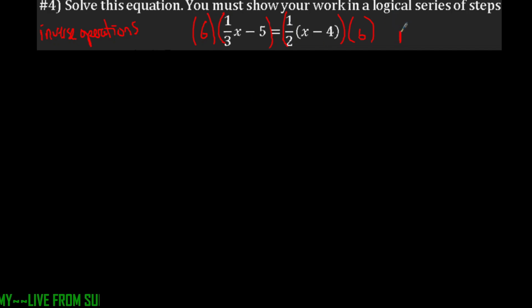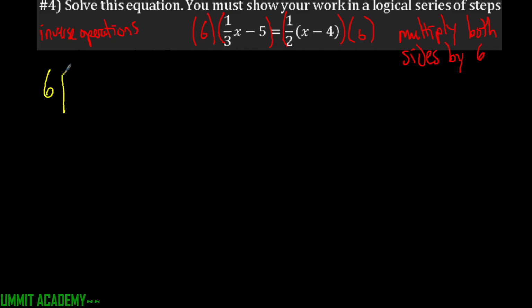So I'm going to multiply both sides by 6. Alright, so on our left side, I can do my distributive property. I have 6 times the quantity 1/3 x minus 5.